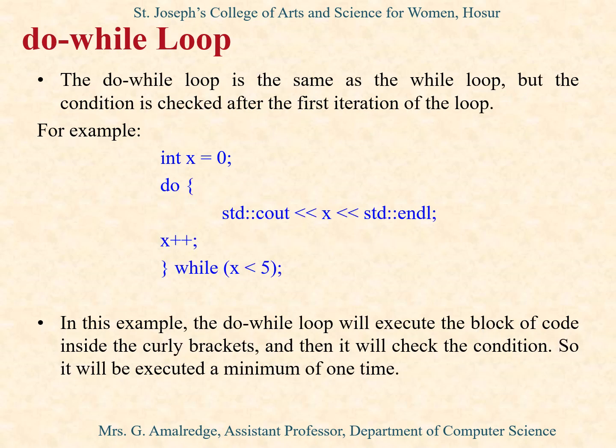Do while loop. The do while loop is the same as the while loop, but the condition is checked after the first iteration of the loop. In some programs, we need to execute a block of code at least once. In those cases, we are using this do while loop. This is the example for do while loop. Here we are declaring one variable called x and initializing the value of x equal to 0.